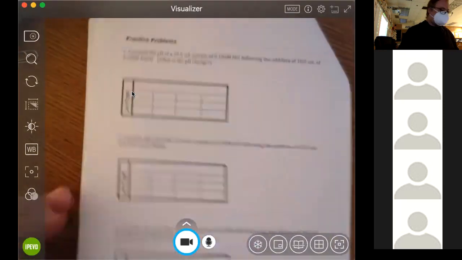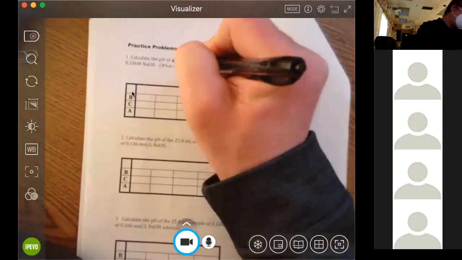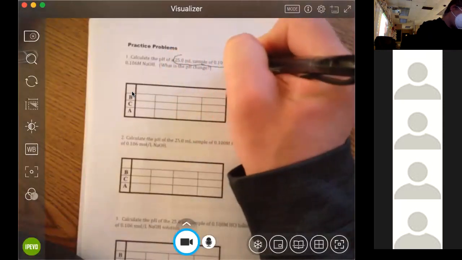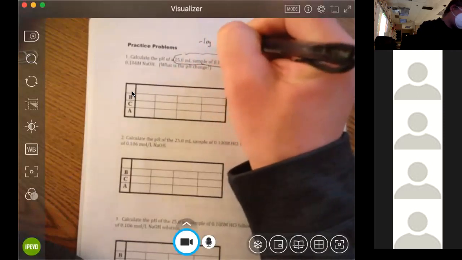So it looks like we should probably figure out the pH if we need the pH change for that. How are we going to figure out the pH of this 25 milliliters 0.1 molar solution? What's the easiest way to find a pH of a solution? Negative log, right? In this case, negative log of 0.100.